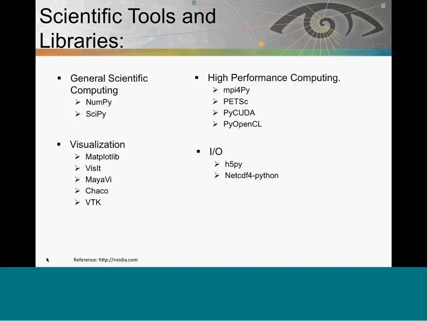As far as high performance computing is concerned, there are packages available to do HPC in Python, and one of them is mpi4py, which provides an interface to MPI implementations. There are different implementations available like Intel MPI, MVAPICH2, Spectrum MPI, OpenMPI, and so on.